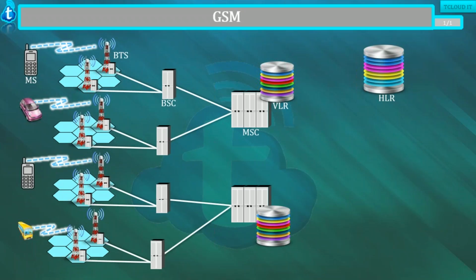Okay, so when you do a comparison now between this network we are seeing here and your landline network, in the landline network subscriber information is permanently stored, and there is a direct cable connectivity from the device to the exchange. But in the case of the telecom network, the data is fetched by the local exchange temporarily, and even to reach your local exchange there is no direct wired connectivity.